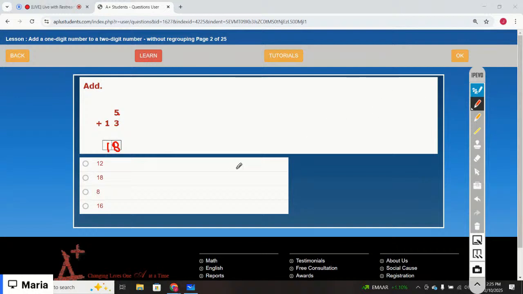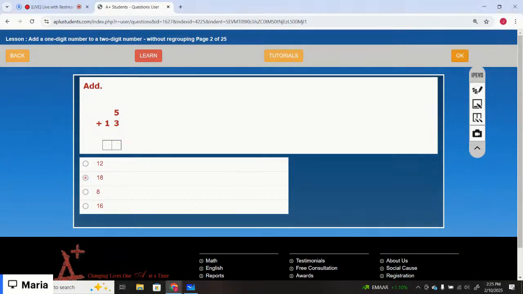The correct option is option number 2, that is 18.